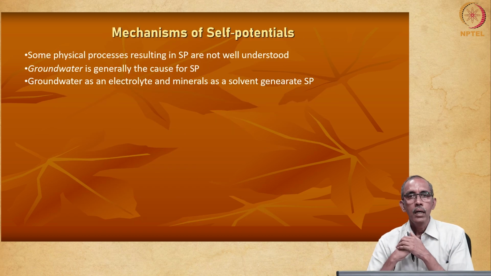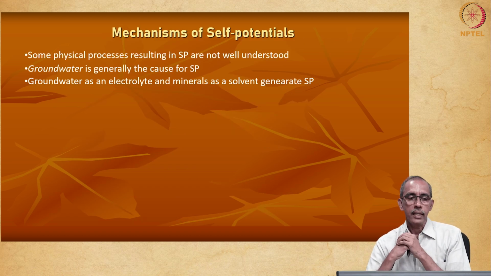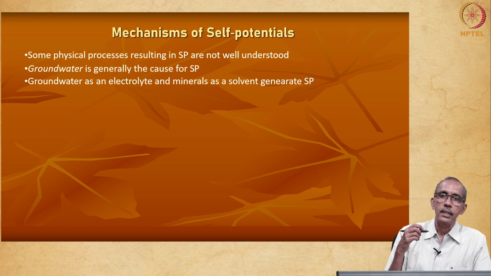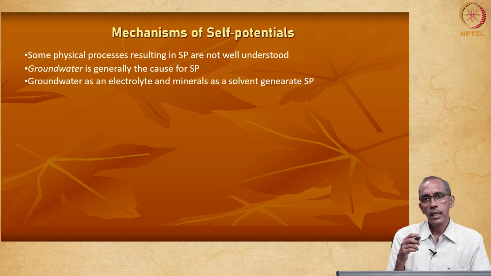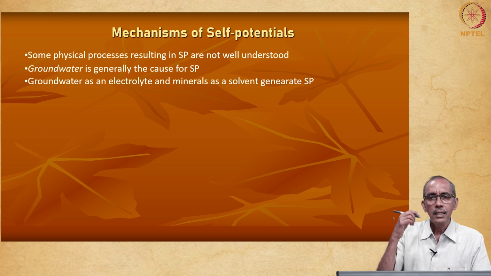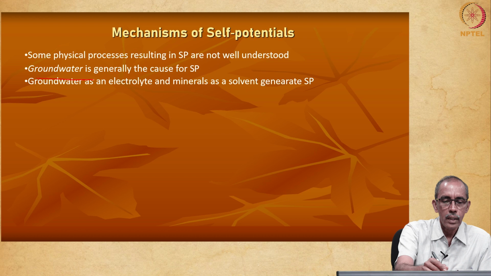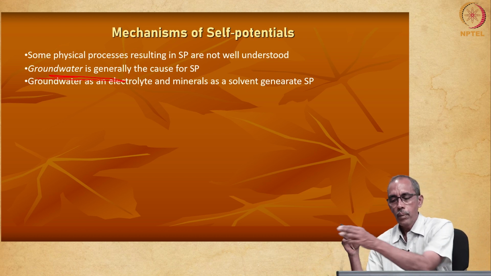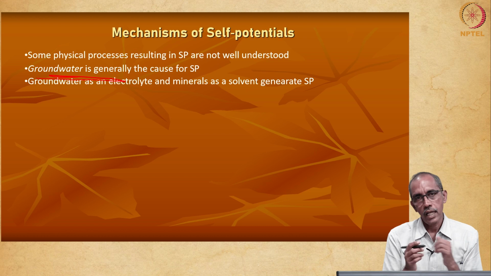So, how does self-potential get generated? The self-potential that is generated below the surface of the earth is not very well understood. Generally, it is believed that groundwater, or the water present below the surface of the earth in the pores, causes cell potential.